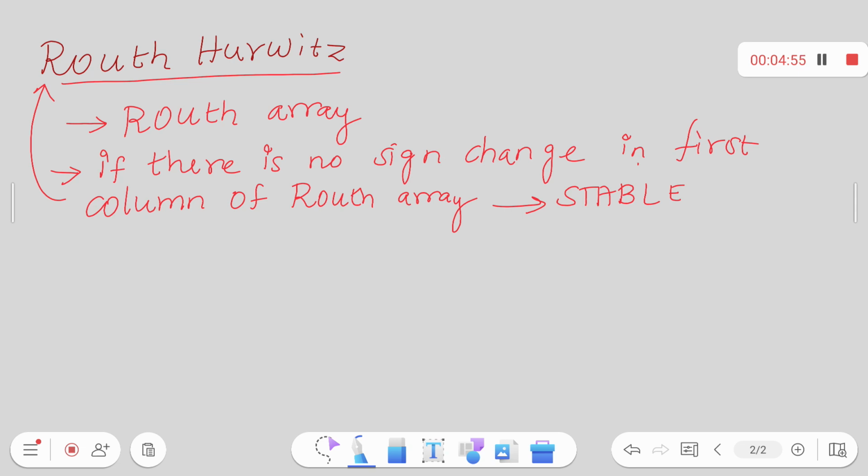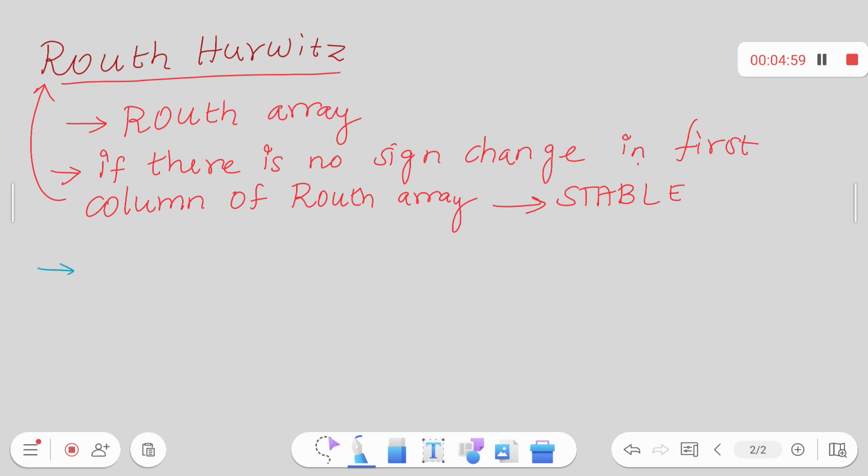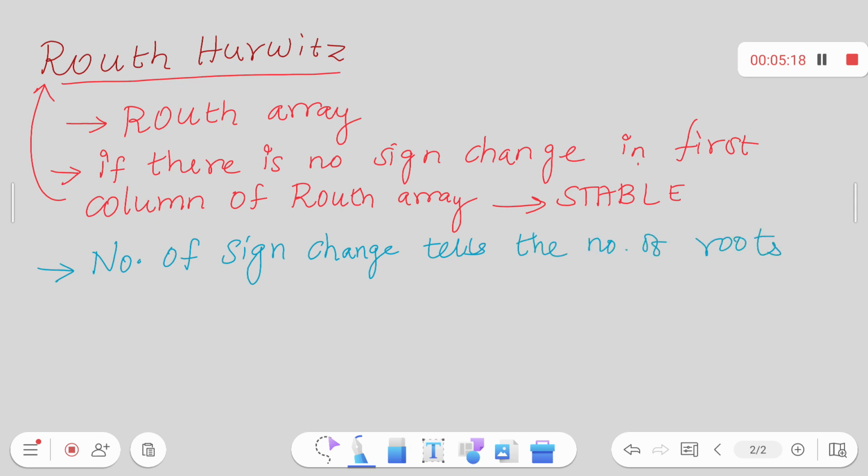And one more point adding to this is the number of sign changes tells the number of roots that lie on the right half of the S-plane.